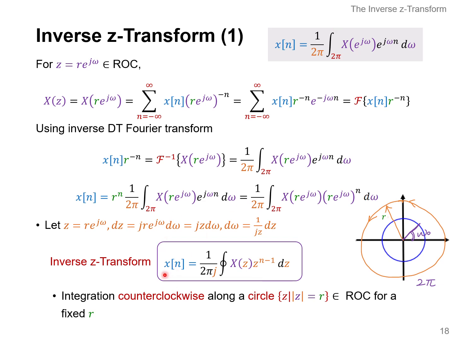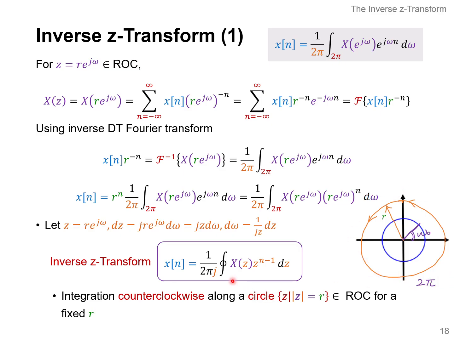When we replace this into the formula, we get the contour integral form of the inverse Z transform. This form says to find x of n, we integrate x of z times z to the n minus 1 around a circle in the ROC.